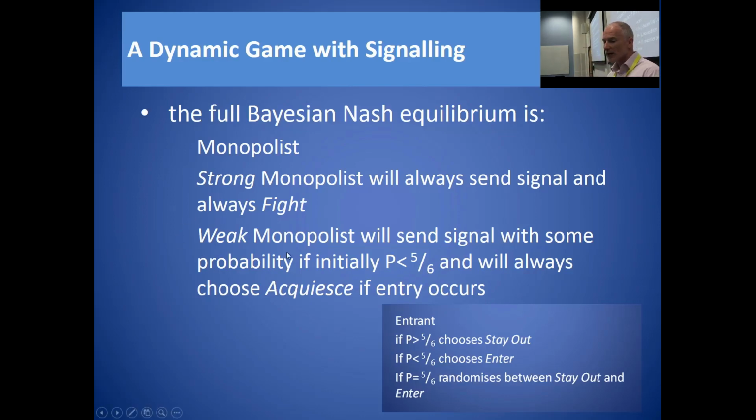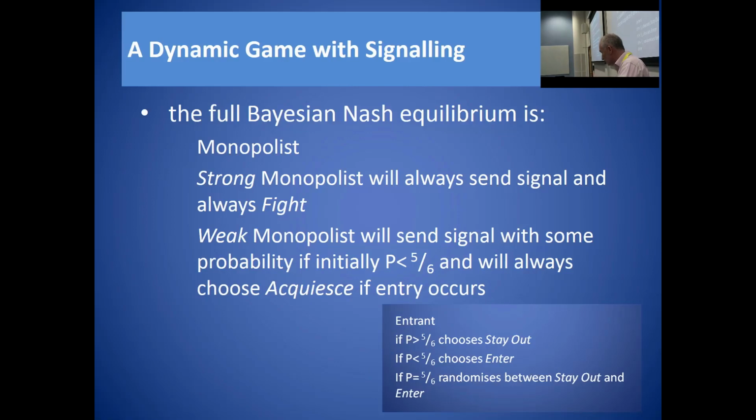However, the weak monopolist will send the signal with some probability if initially P is less than 5 over 6, and if market entry does occur, it will always choose to acquiesce. Remember, that value of 5 over 6 is what we showed previously.